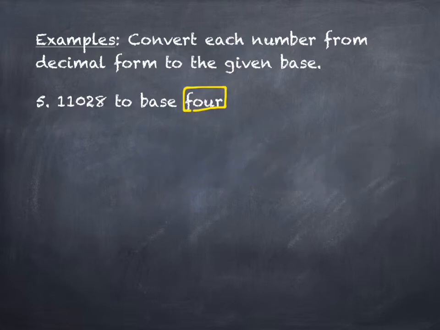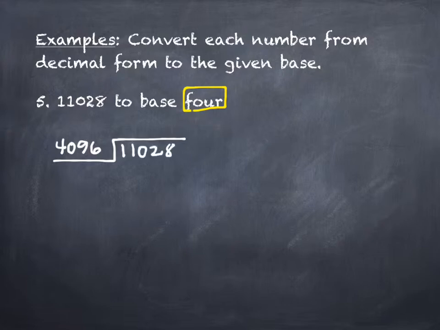All right, so the farthest I went was the number 4,096, wasn't it? So I'm going to take 4,096, and I'm going to use that to divide 11,028. And how many times will 4,096 go into 11,028? Twice. Okay.